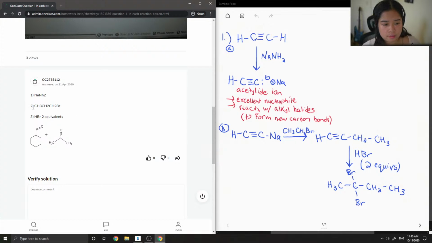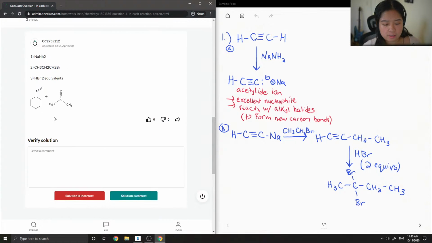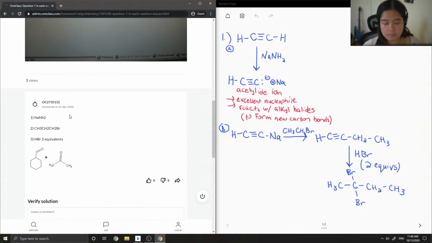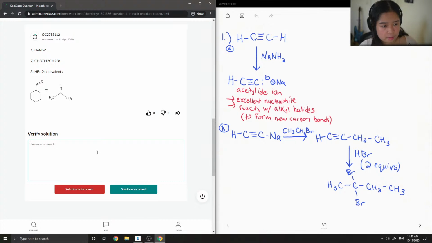Yeah, so the second one should just read CH3CH2Br, but then the HBr 2 equivalents is correct. And it doesn't look like they answered question number 2, so I'm just going to write it in.